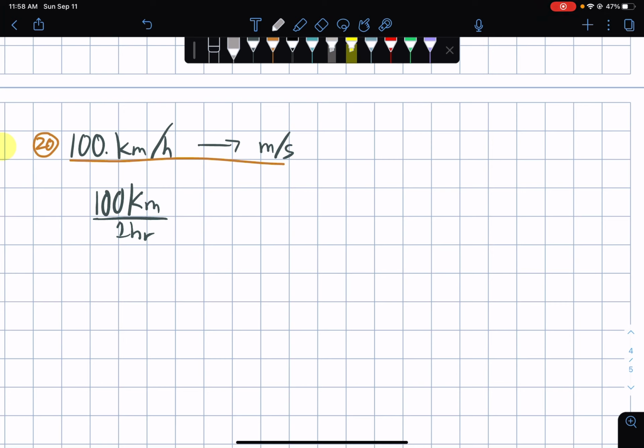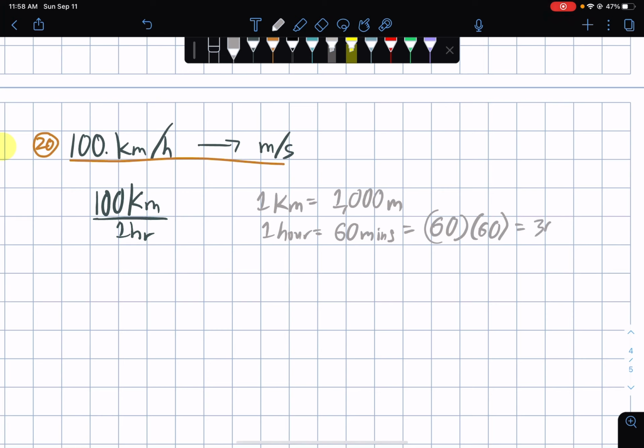We do acknowledge that 1 km is equal to 1,000 meters, and 1 hour is equal to 60 minutes, which in seconds is equal to 60 times 60, which is 3,060 seconds. So with that in mind, just copy this one again over here, multiply them with the values, since 1 hour is equal to 3,060 seconds.